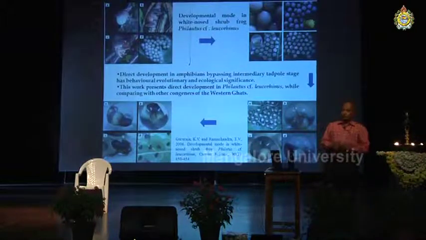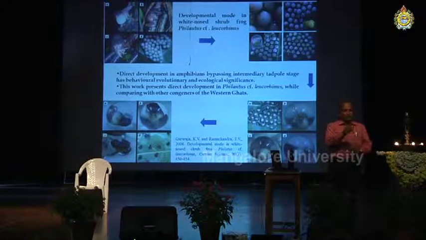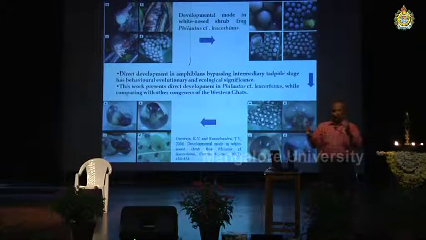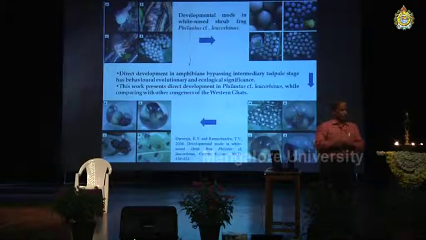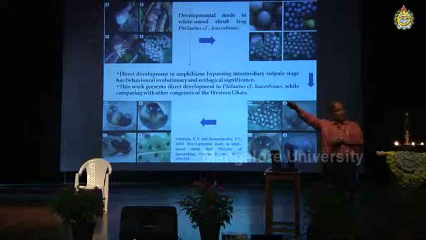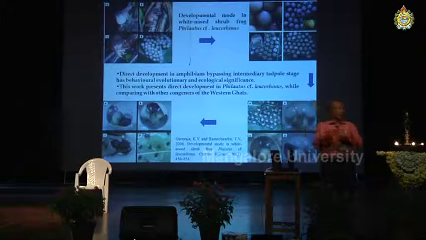Now look at this frog, the Philautus leucorhinus. You all know frogs are known as amphibians. Why are they called amphibians? Because they have a dual life. What is the dual life? In their life cycle, one part is in the water, the other part is on the land. The juvenile stage is in the water and the adult stage is on the land.